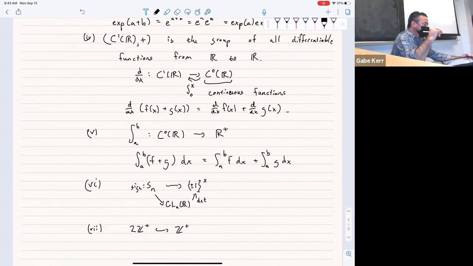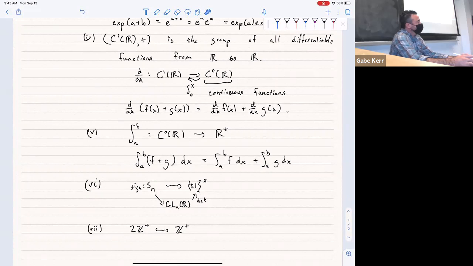But if you differentiate and then integrate, you lose the constant. You're saying it's not injective, it's surjective. Yes. I was saying that all of these are onto, which means for any function over here I can integrate and get something that's sent to it. So this is a left inverse but not a right inverse. You're right, the derivative is not injective, because if you have a constant, it goes to 0. So all constants go to 0.